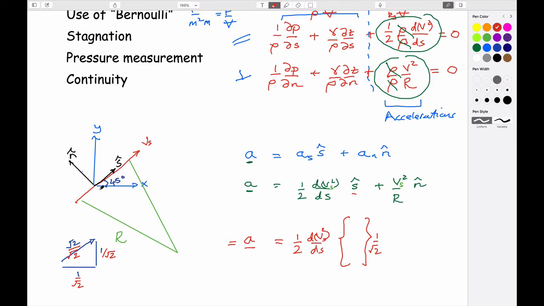So there's going to be a length here, which is plus 1 over square root 2. There's going to be a length in the y direction, which is also plus 1 divided by square root 2. And there's no component in the z direction, which is in the page, which is 0.